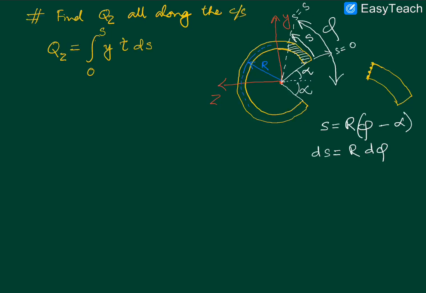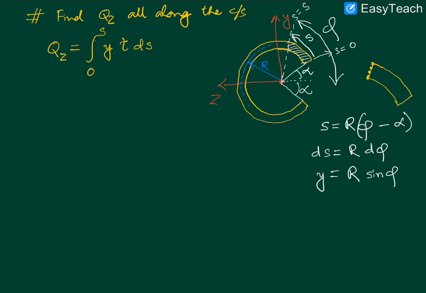You also note that the distance y will be represented in terms of these geometrical parameters, the capital R and the phi, as R sine phi. So for any generic point, the y will be R times sine phi.